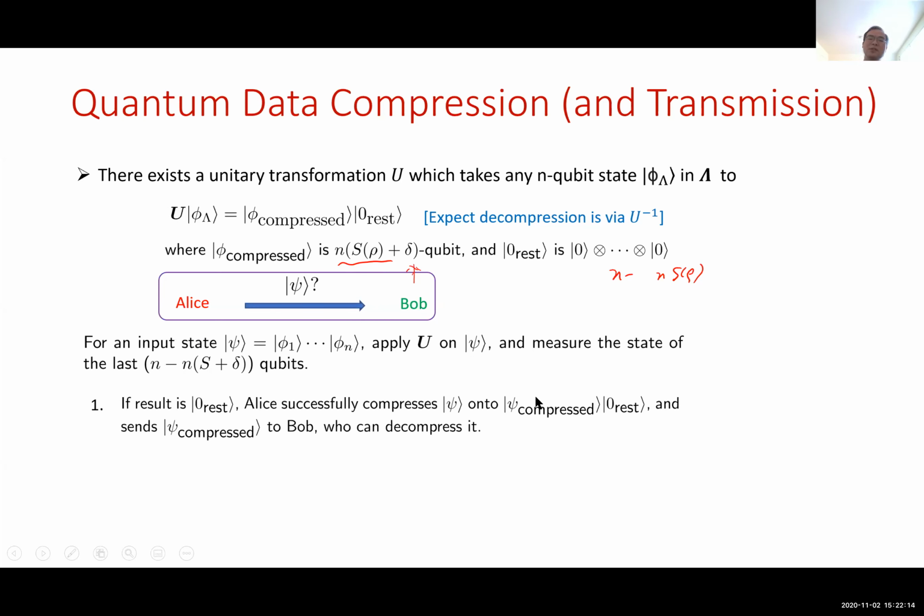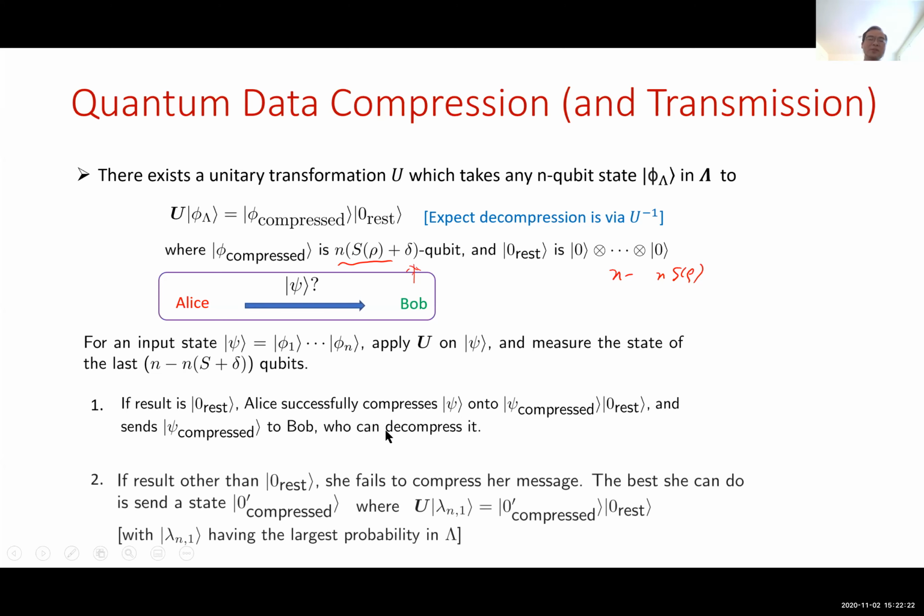Then she sends this to Bob, and Bob can decode or decompress this by really just appending a 0 to this phi compress and then applying the inverse of the unitary. That should give you the phi lambda.